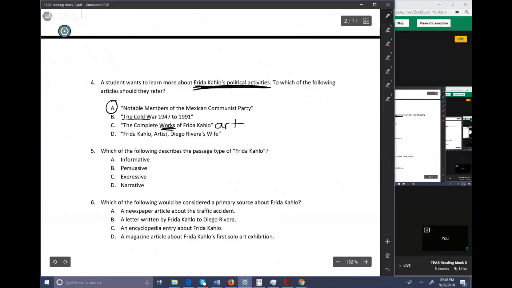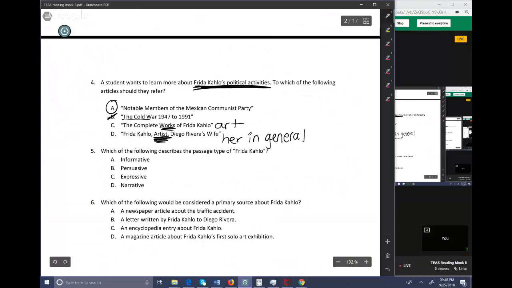And then this one would be presumably just about her in general. It relates her to her husband, and it doesn't say whether it's about her art or about her. If something doesn't specify what it's going to be about, you would assume it's just about that person in general.